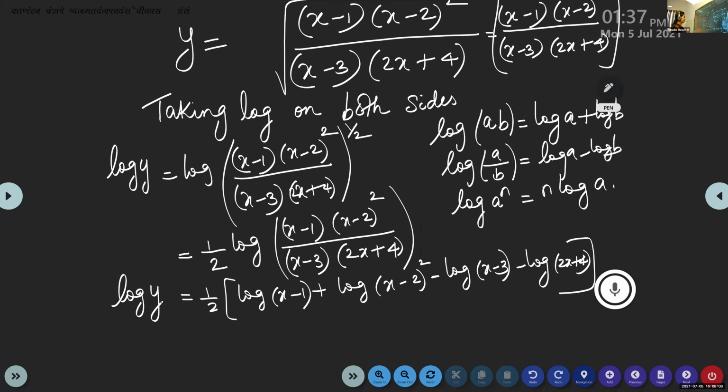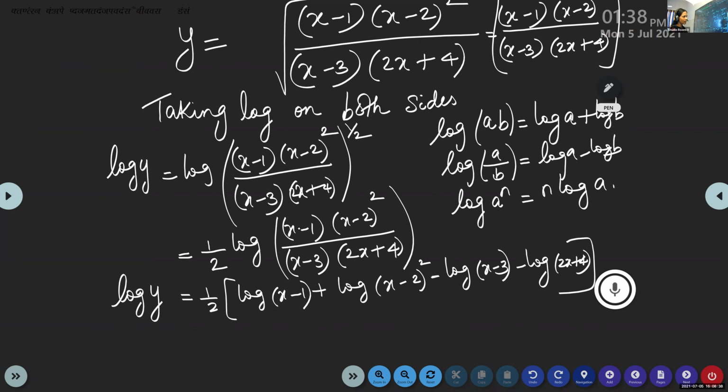Listen, here it is log of a by b. If it is log of a by b form, we can write this as log a minus log b. And log of a into b means it is log a plus log b. Here x minus 1 and x minus 2 the whole square are in product. So when we split this, we can write this as log of (x minus 1) plus log of (x minus 2) the whole square.